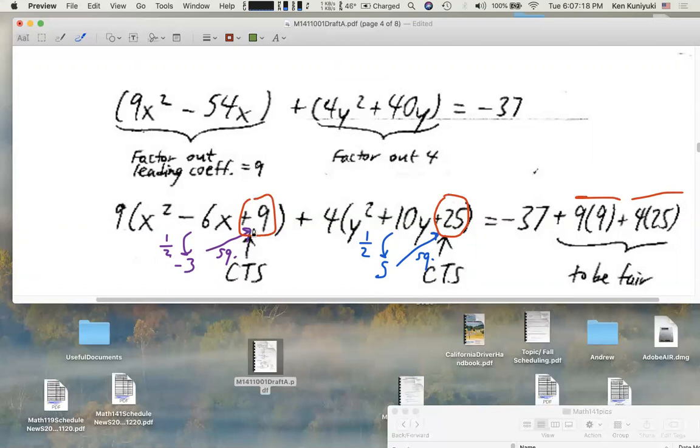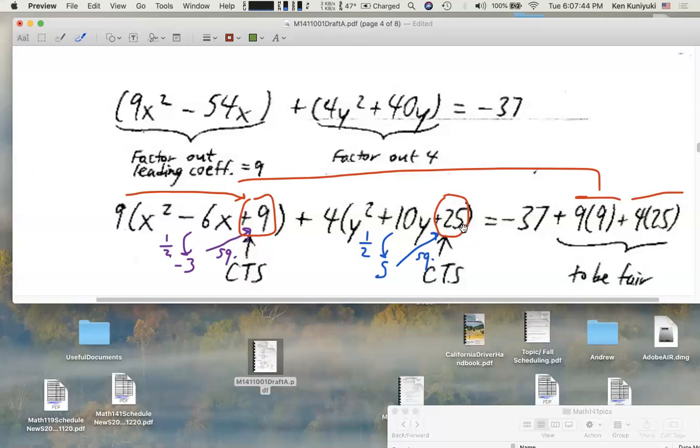When we insert a plus 9 inside the parentheses here, we're actually adding not just 9, but 9 times 9 by the distributive property. So that's why when we insert a 9 in here, we're adding not just 9, but 9 times 9, or 81. That's why I put plus 9 times 9, or you could put plus 81 over here.